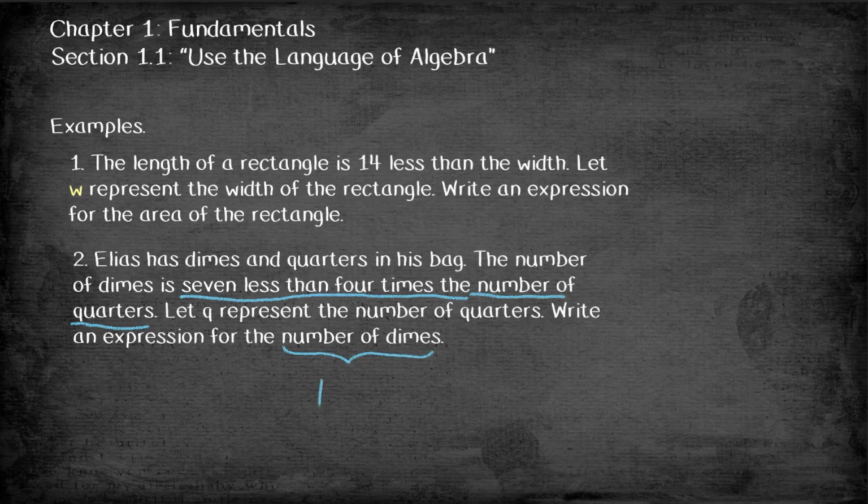Since I'm not feeling so creative, we're going to call that number D. So D represents the number of dimes, and Q represents the number of quarters. And according to this information here, the number of dimes, D, is 7 less than 4 times the number of quarters. Remember that the word is means equals, so D equals 7 less than 4 times the number of quarters.